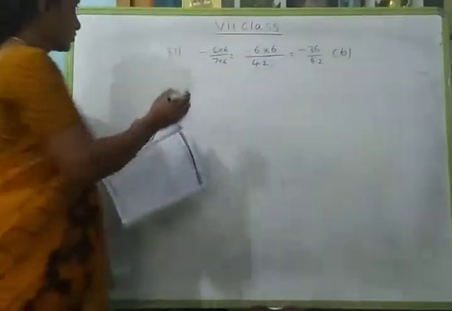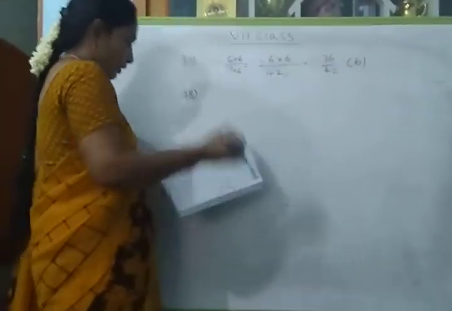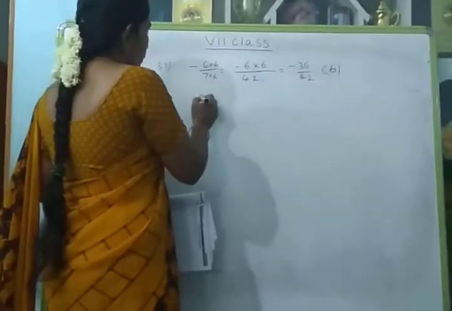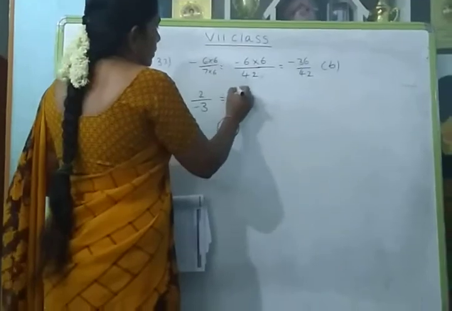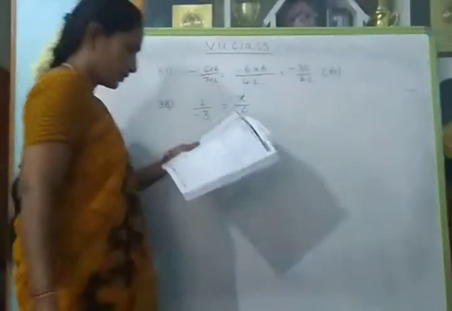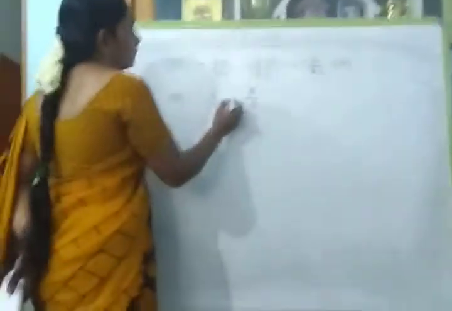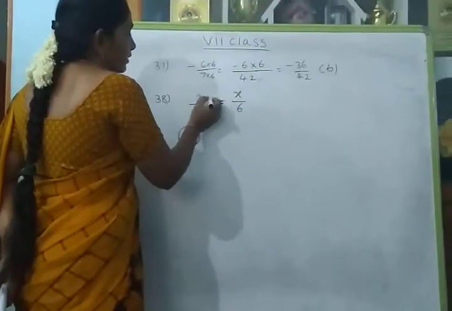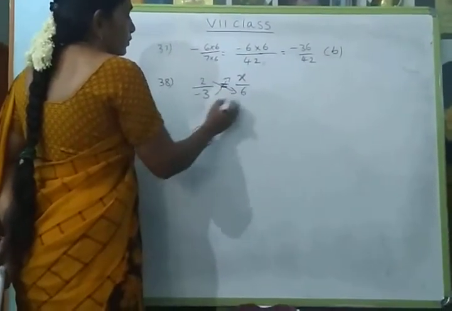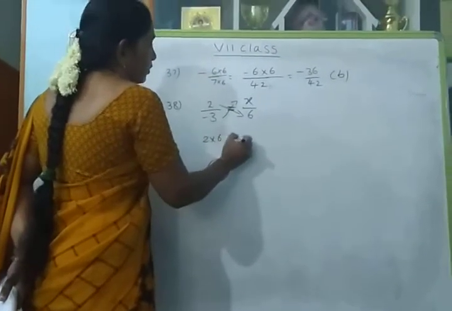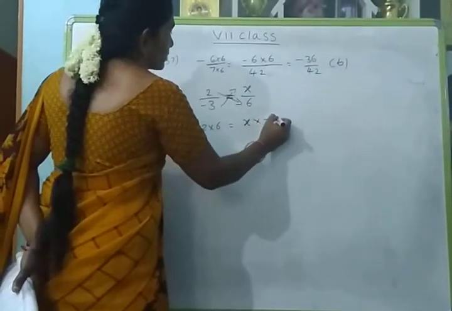Next, the 38th one. If 2/-3 is equal to x/6, then what is the x value? Here you have to do cross multiplication. So 2 into 6 is equal to x into -3.